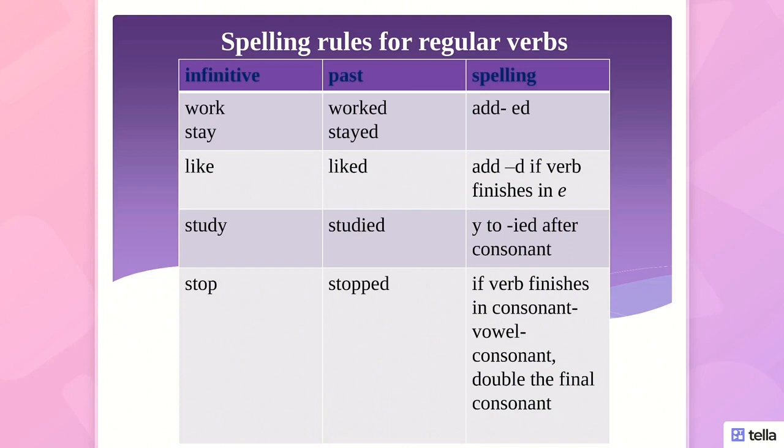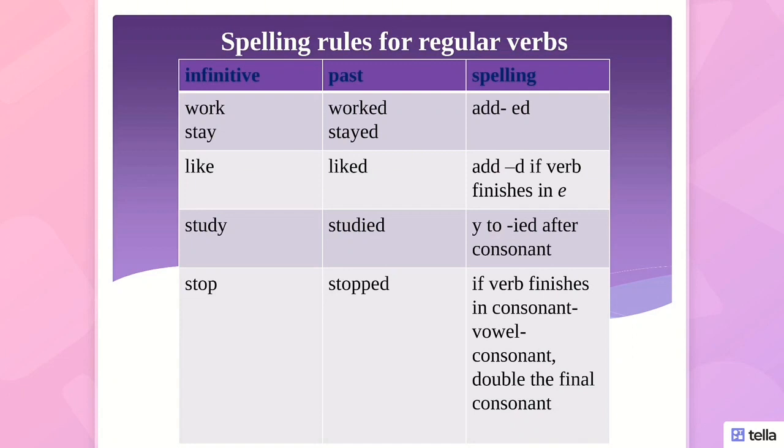Or when our verb has y in the end, and there is a consonant in front of y, then we have to change y into i and add ed to make its past form, as in the example, study, studied. You see, there are such letters as ied in the verb studied.